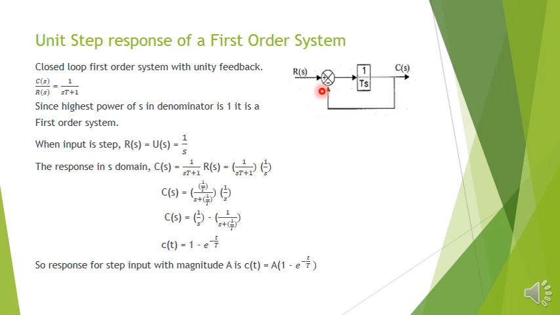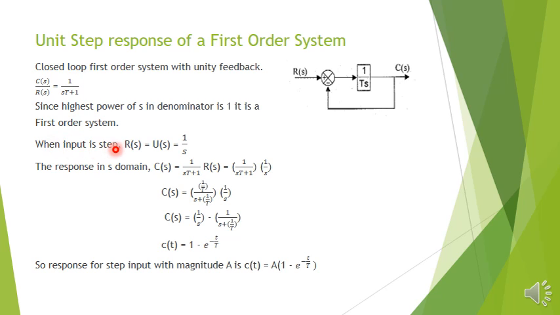So based on the block reduction technique, the overall transfer function C of S by R of S becomes 1 by 1 plus ST. Since the highest power of S in the denominator is 1, it is a first order system. And for this system, we need to find a response when the input is a unit step signal.